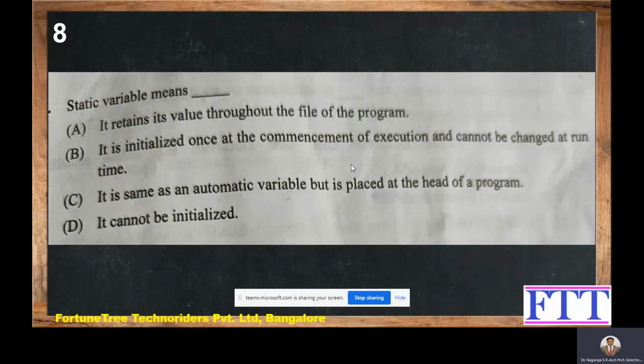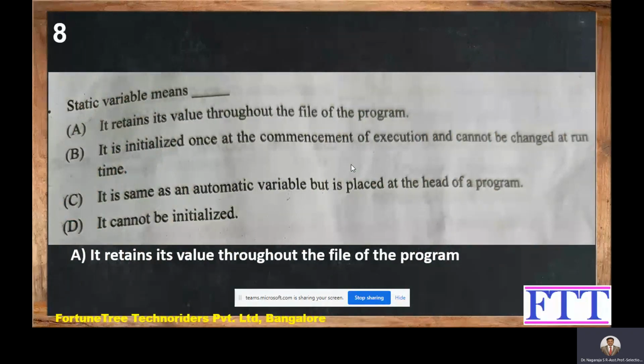Option C, it is same as an atomic variable, but is placed at the head of the program. Option D, it cannot be initialized. So right option is it retains its value throughout the life of the program. So option A is the right answer.